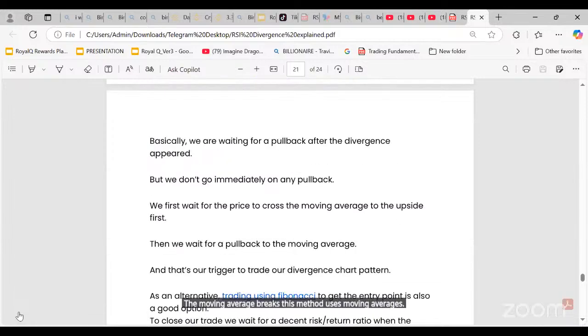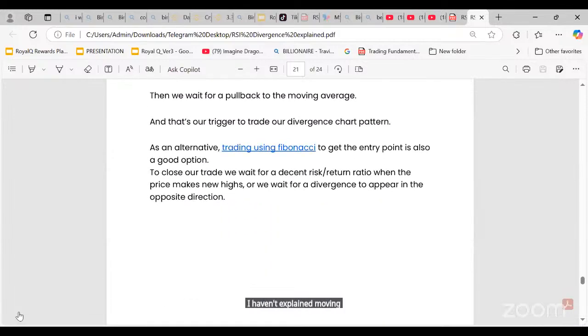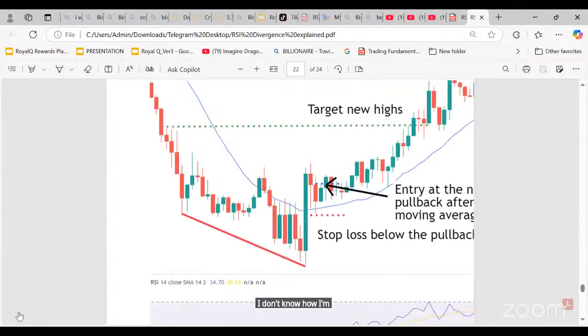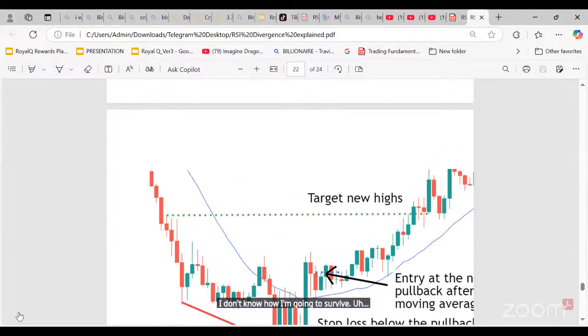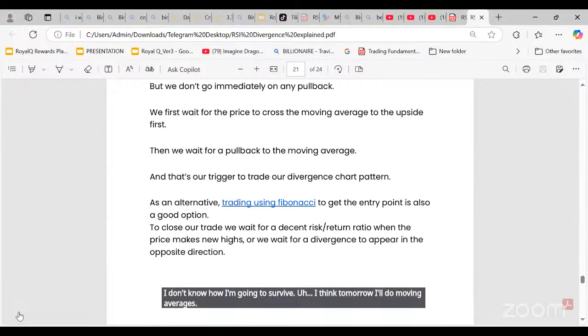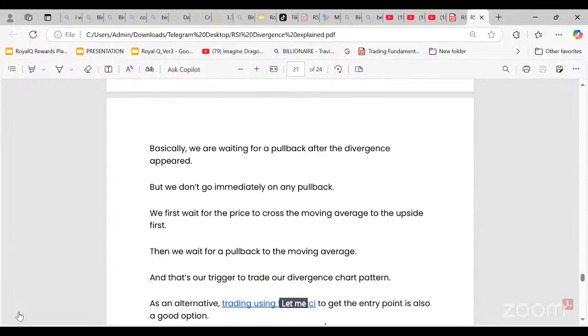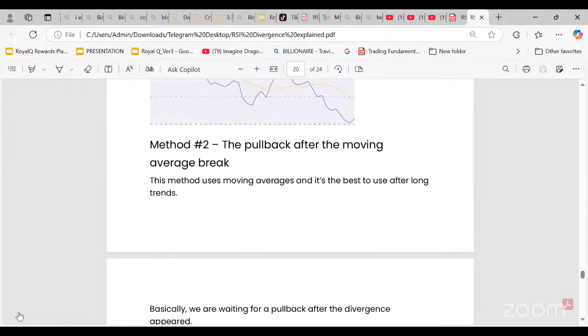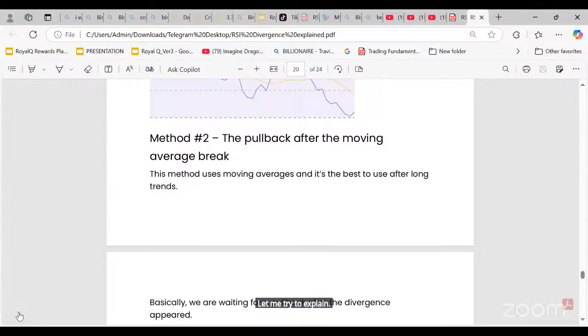I haven't explained moving averages. I don't know how I'm going to survive. I think tomorrow I'll do moving averages. Let me try to explain. Okay, what can I explain?